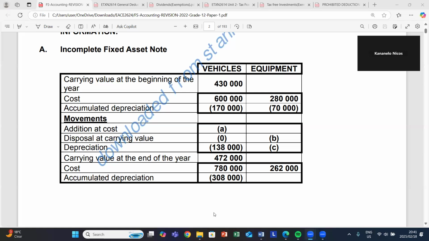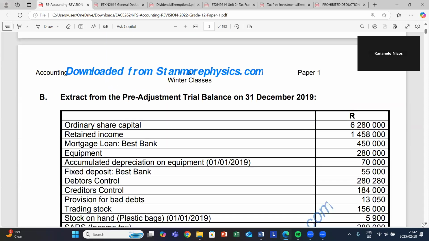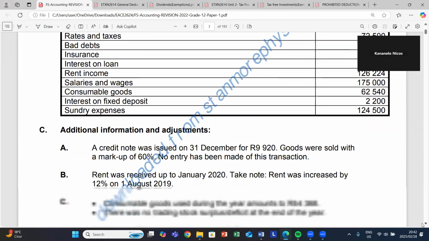So we said that we'll start by checking whether we bought any asset. During the year, you did not buy any equipment. Hence here, for additions, you have nothing. Even on that statement that we have just done, they did not indicate whether we bought equipment or not.